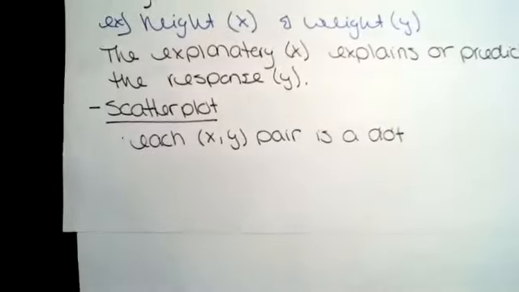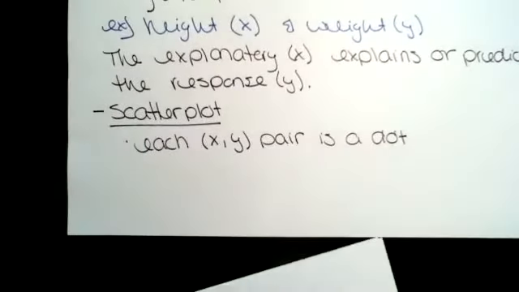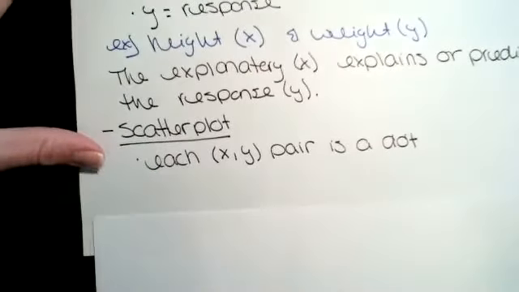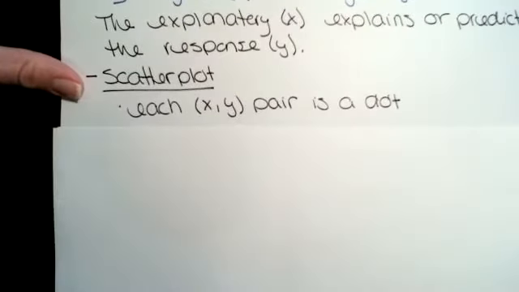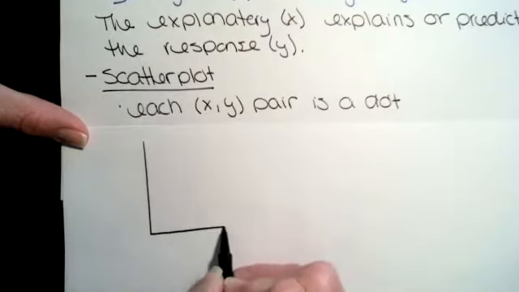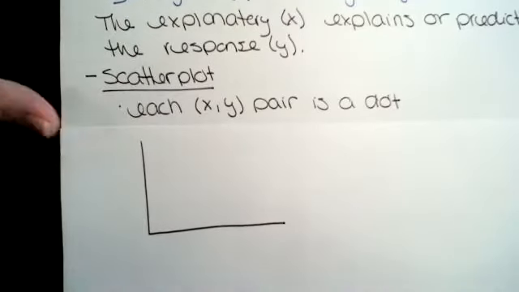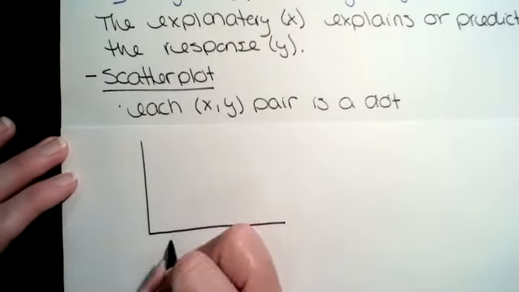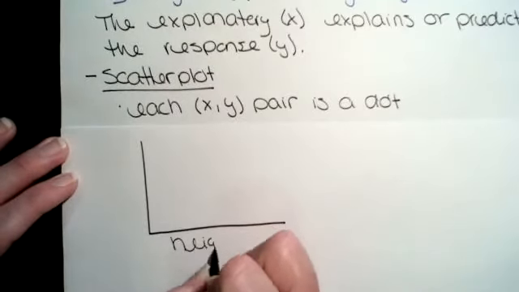So when I have a scatter plot, I'll do it of this example here, the height and the weight. And what we're looking at, some X, Y here. And I have height down here.